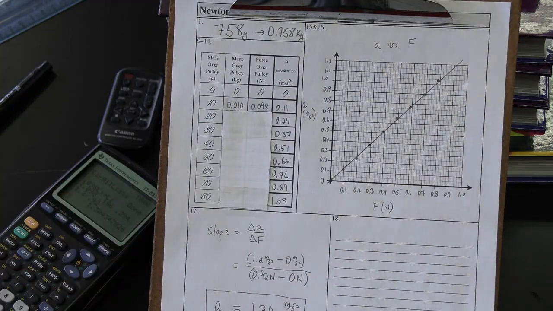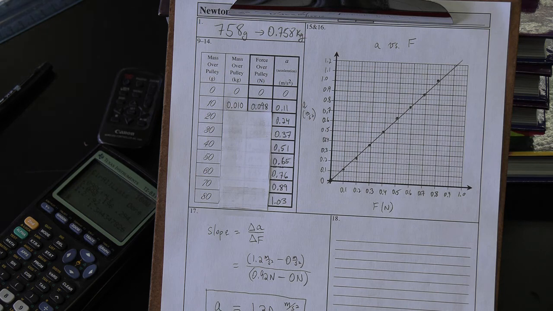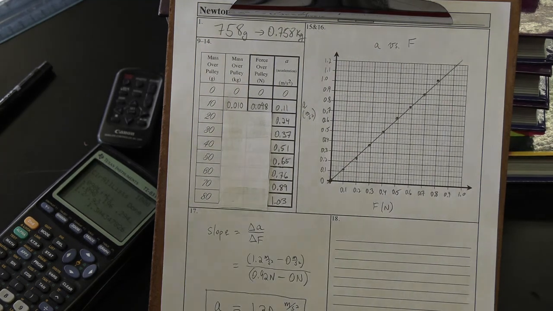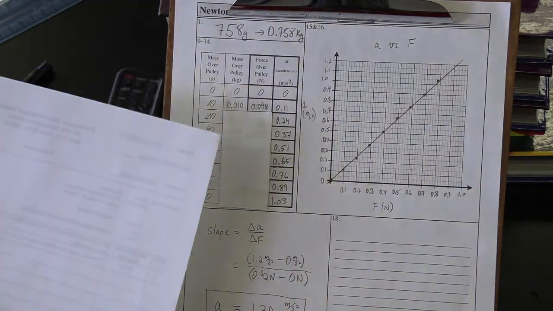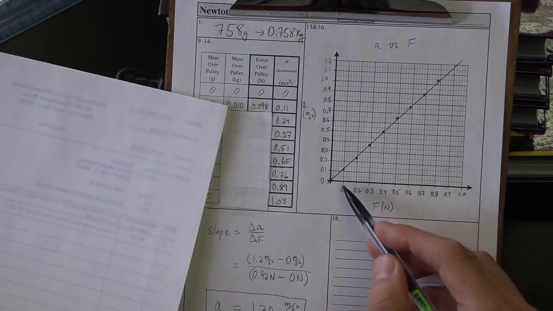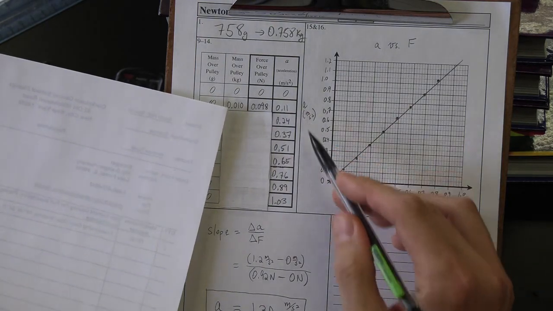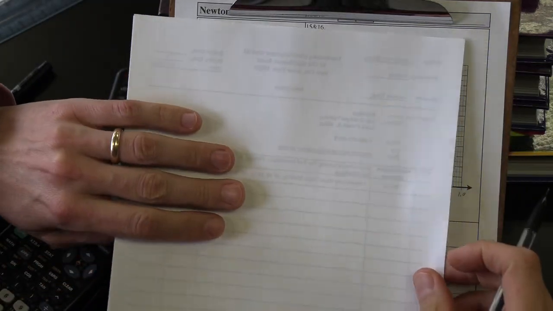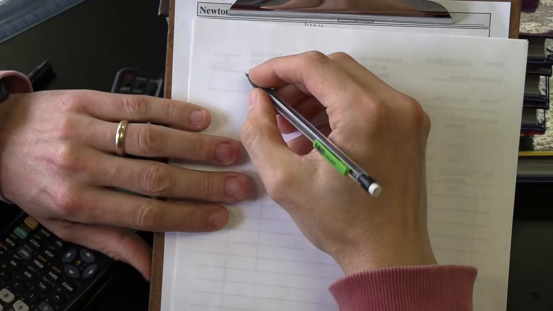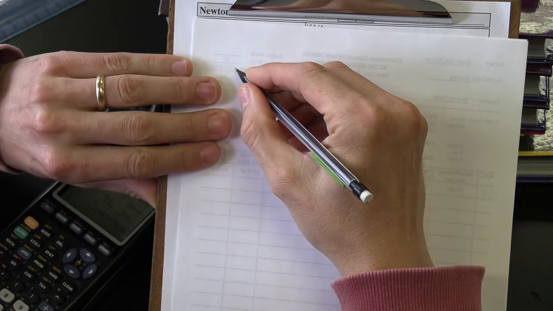Well, if you look at that graph, it shows a pattern of increasing. So it does show more force, more acceleration. But if you didn't know any physics, how do you know force, this variable, belongs in the numerator of an acceleration equation? Let me give you some pointers.